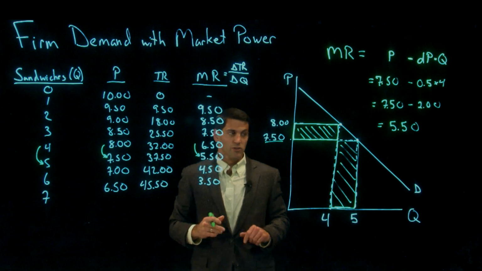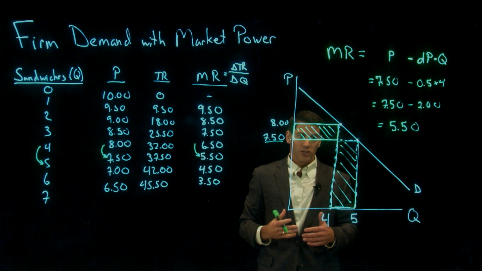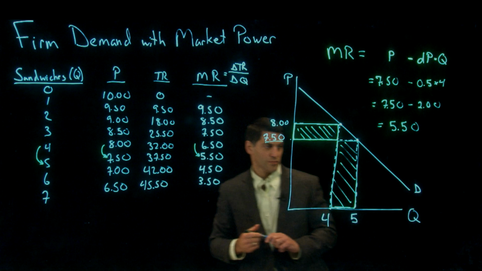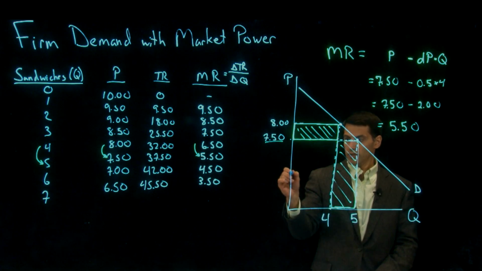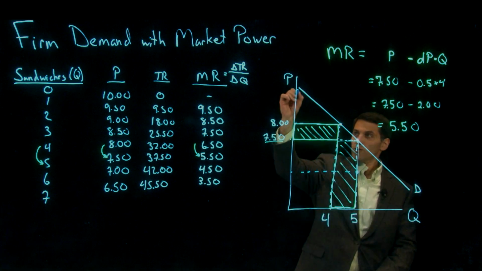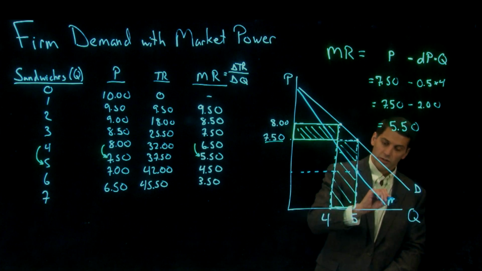Okay? And so it's for that reason that marginal revenue is actually less than the price. In this case, we'll draw it as being, say, here. So when we're drawing the marginal revenue curve, we could do this exercise at every single quantity.